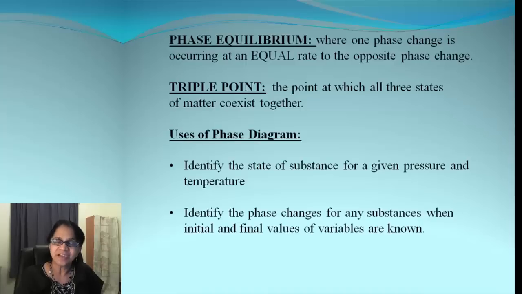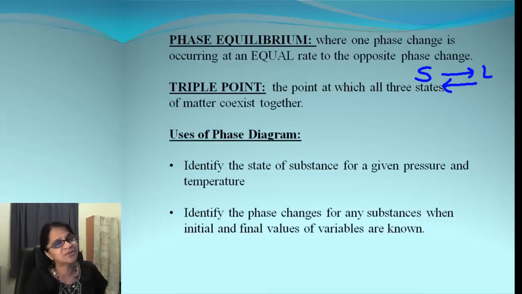But before that, let me explain what phase equilibrium is. A phase equilibrium is when we have changes in two phases, but the change in one direction is always equal to the change in the opposite direction. For example, if we go from solid to liquid, there is a rate by which liquid gets converted to solid, and both of them will have exactly the same rate of change.